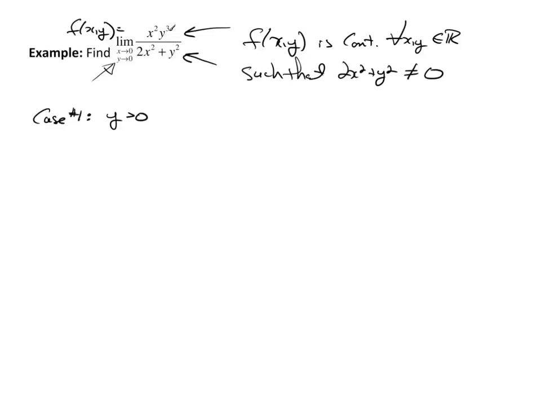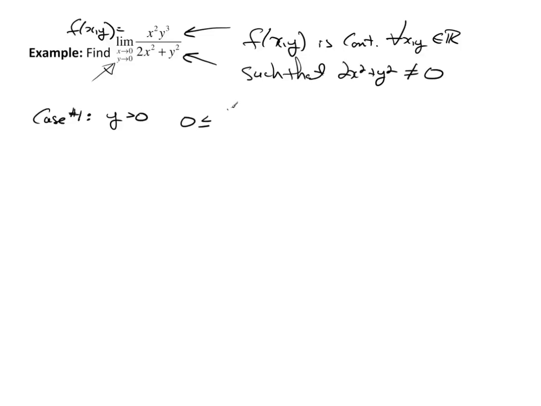But if y is negative, then this component is going to be negative. If y is positive, this component is going to be positive. So I'm starting off specifying y is positive, and then I'll take a look at case 2, when y is negative.